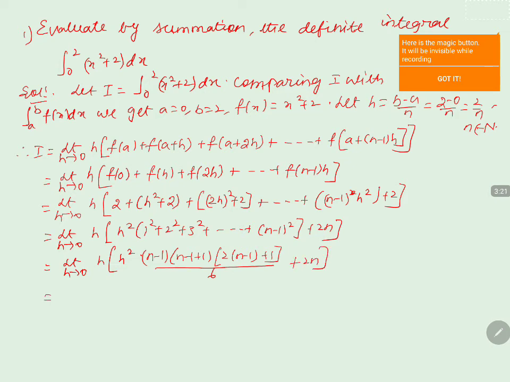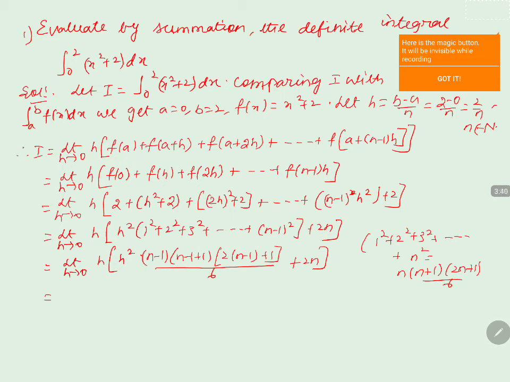Then we'll use the formula, that is 1 square plus 2 square plus 3 square plus so on plus n square is equal to n into (n plus 1) into (2n plus 1) by 6.